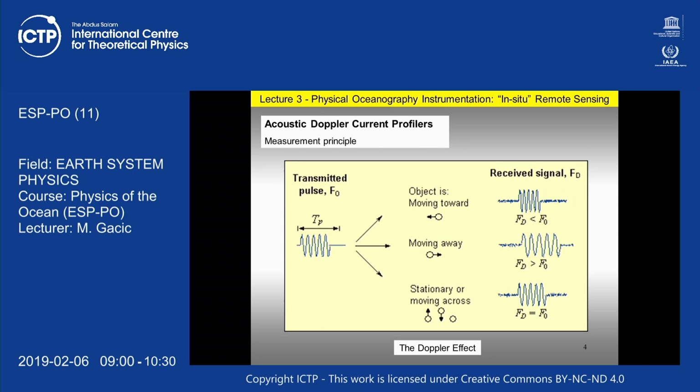So the transmitted impulse is F0. If the object is moving perpendicular to the ray, the frequency is unchanged. Here the frequency is larger than the frequency F0, and here it's smaller. So this is the Doppler effect, and this is how it functions.